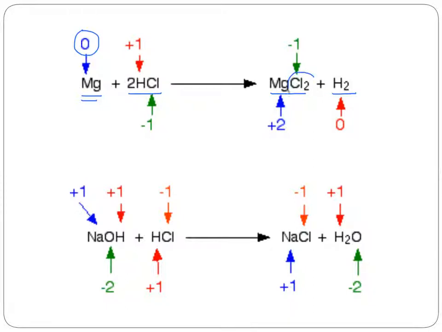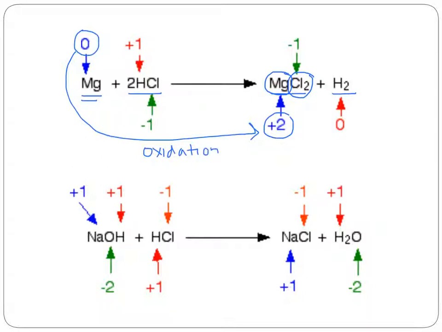Since chlorine is a halogen and nearly always is a -1, and magnesium is a group 2 metal, it would be a +2 as an oxidation number. We see that we're going from 0 to a positive 2, moving in a positive direction. So this must be oxidation because they're losing electrons, becoming more positive.